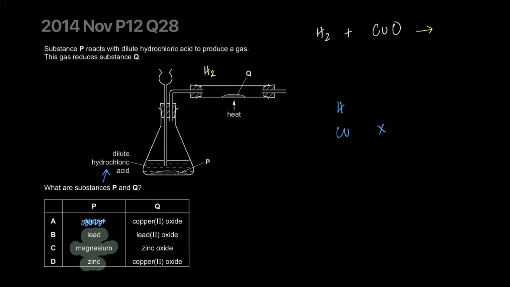So our answer is D. But zinc and lead are too reactive for this to take place. So this is not really acid-metal concept checking. This is metal displacement reactions which are being tested.